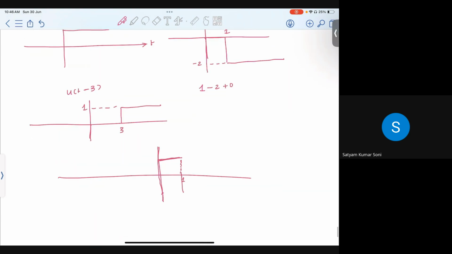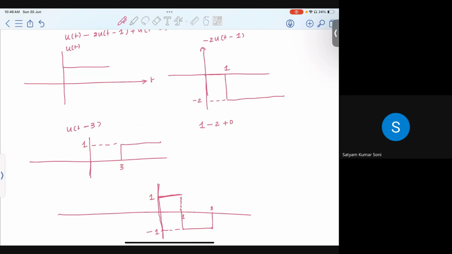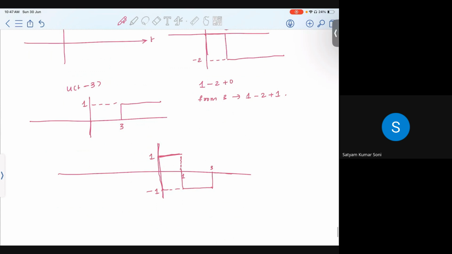So from 1 until 3, we have minus 1. And from 3, what you have to do is add these 3. So it is 1 minus 2 plus 1, which is 0.